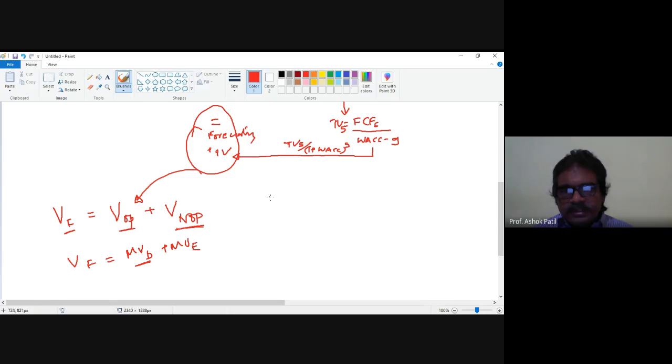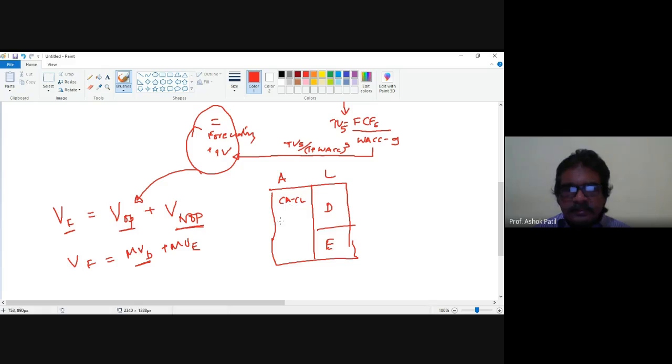Now we have seen this entire thing in terms of the balance sheet picture. So I'm just going to draw that, and then we'll go back to the new topic. Okay, so these are the assets and these are the liabilities. In that we are having debt and equity. I'm going to do CA minus CL this side. So CL from the liability side is taken as negative here, and then we get the fixed assets here.